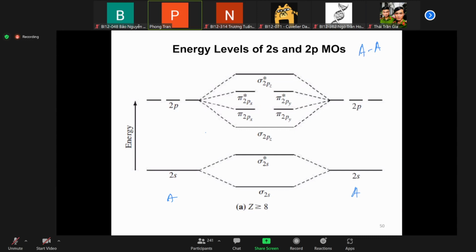You have three orbital p, so by linear combination, in total you will have 6 molecular orbitals. Among the 6 molecular orbitals, you have 3 bonding and 3 anti-bonding. Anti-bonding molecular orbitals have higher energy than the bonding orbitals. In terms of energy, they will be symmetric in position compared with the individual atom.